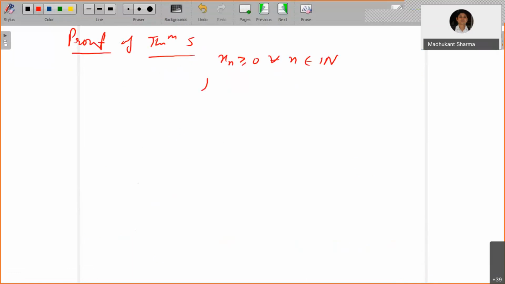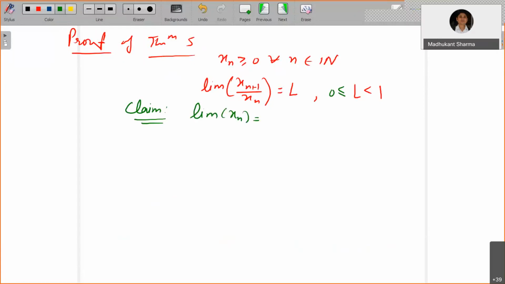Another thing given is that the limit of xn plus 1 by xn is equal to L, L is less than 1, but we certainly observed that L is greater than or equal to 0. Then our claim is that the limit of xn exists and this is going to be 0.